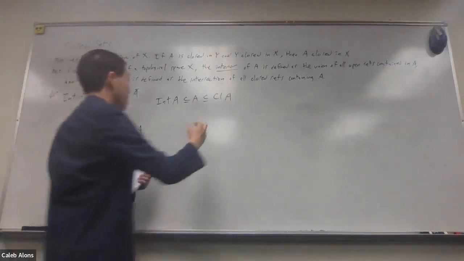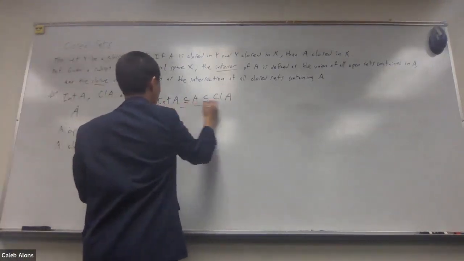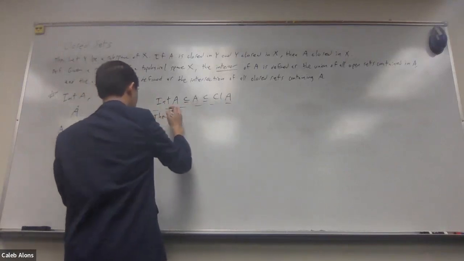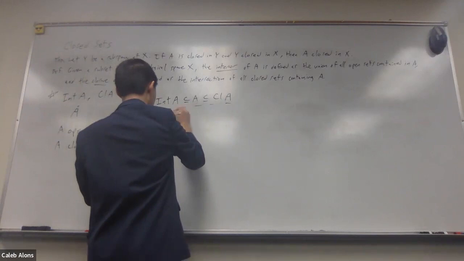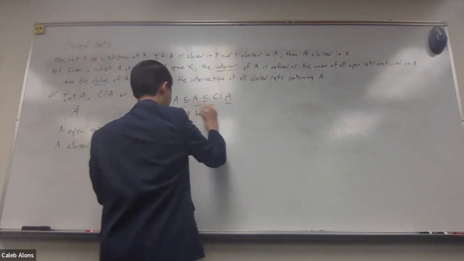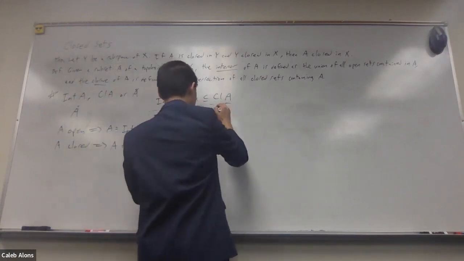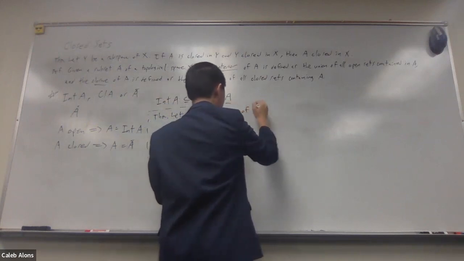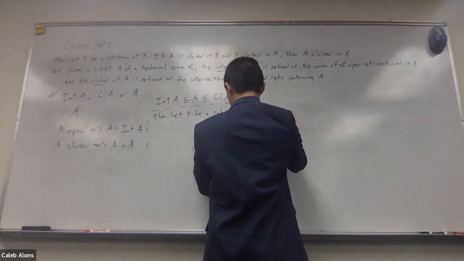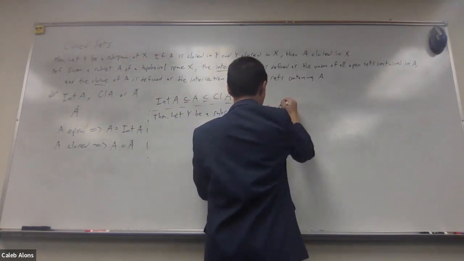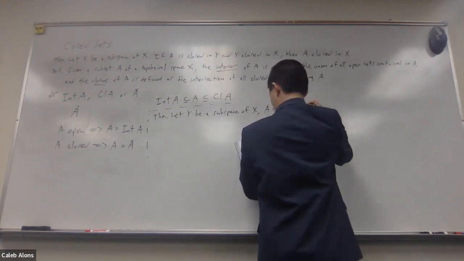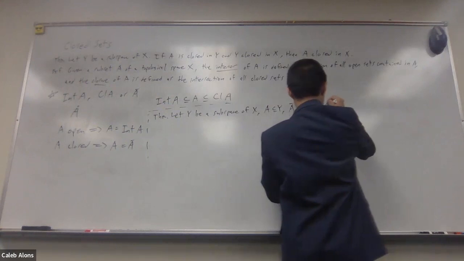And so, theorem: let Y be a subspace of X with a subset A of Y, and then the closure of A in X is going to be denoted A-bar.